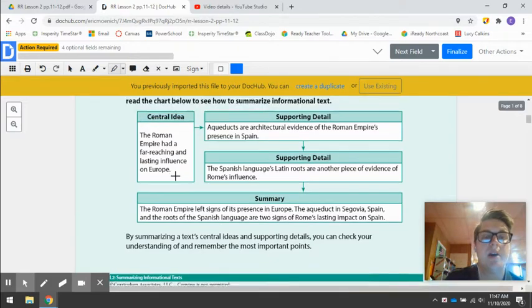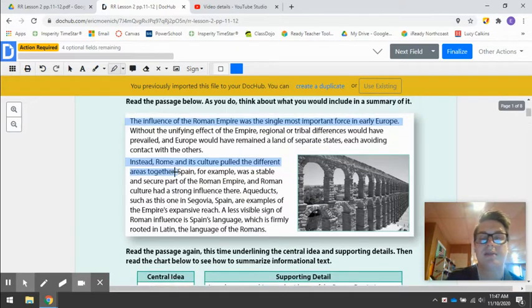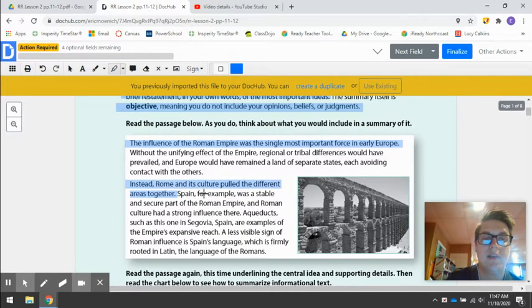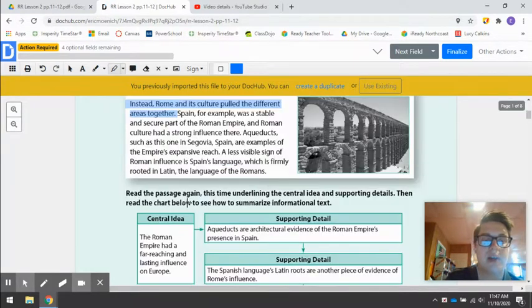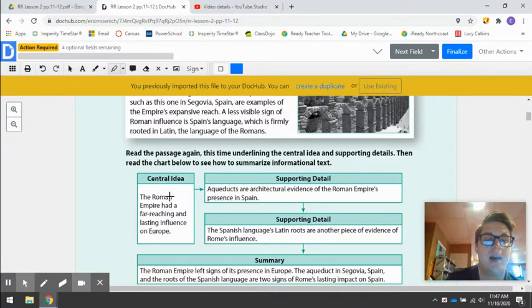So from these paragraphs, they were able to get that central idea by pulling these sentences together, right? The influence of the empire was the single most important force, and its culture pulled the different areas together. So the central idea that they said was that the empire had a far-reaching and lasting influence on Europe.